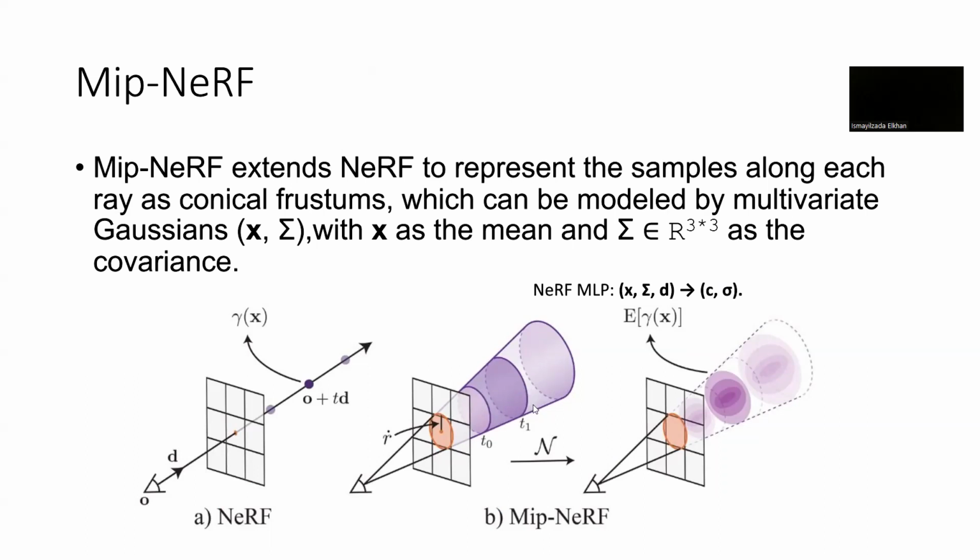You model each of these frustums using a representation where the mean point is x, and you also have a variance term sigma, and the ray's viewing direction d. Again it gets mapped to the same quantities, color c and volume density. There are a few more contributions in MIP-NeRF, but for the purposes of this paper, this is really all we need.